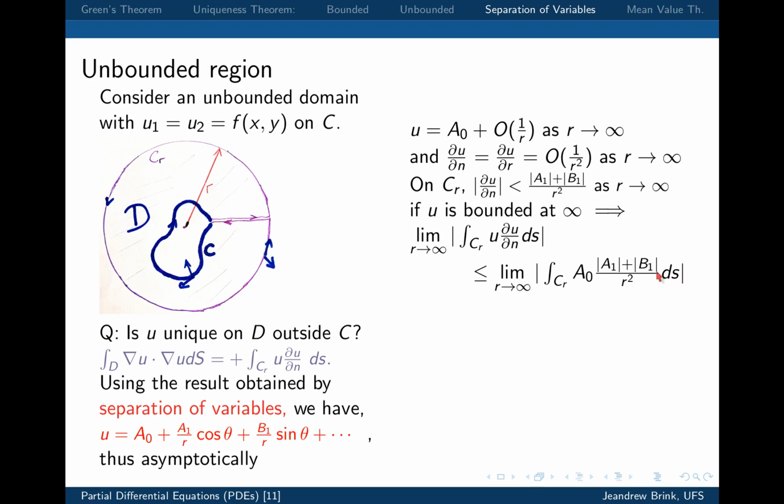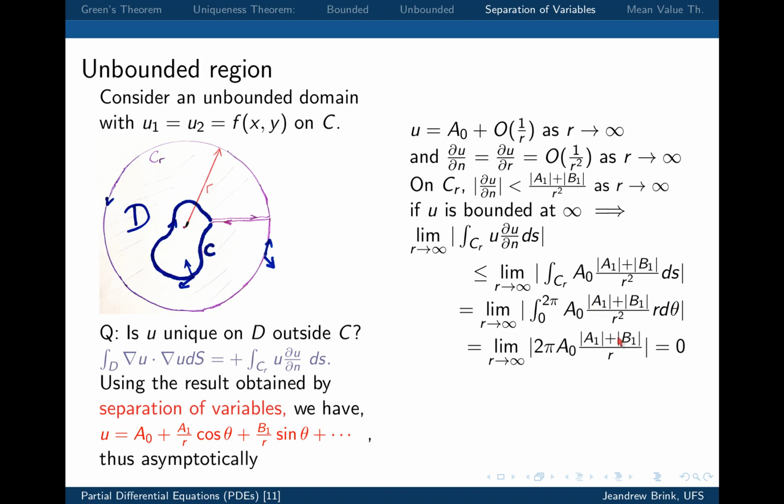So it's basically r times d theta. So there's a hidden factor of r sitting in here, but that's okay because we've got two factors of r over there. Okay, so let's now take it from the integral on the boundary, which in 2 dimensions is just a contour integral. In the complex plane, we write it in terms of real variables, so it's from 0 to 2 pi, a0 times this constant over r squared times r d theta.